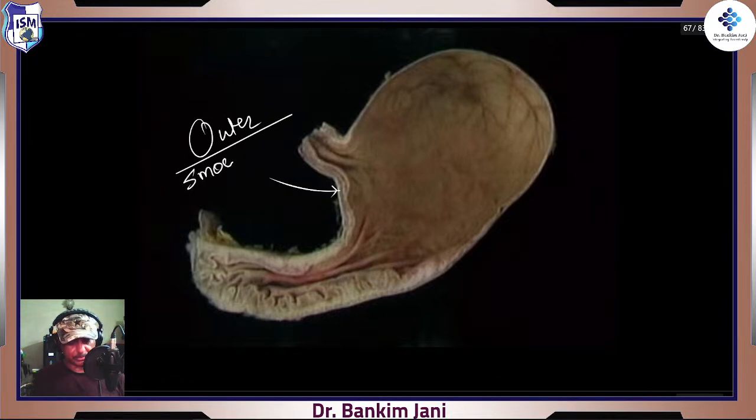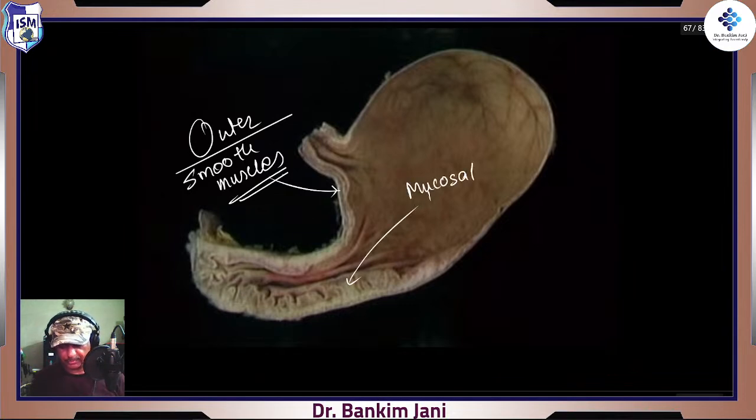The outer layer is smooth muscle, the muscular layer. The inner layer is the mucosa, or the mucosal layer.